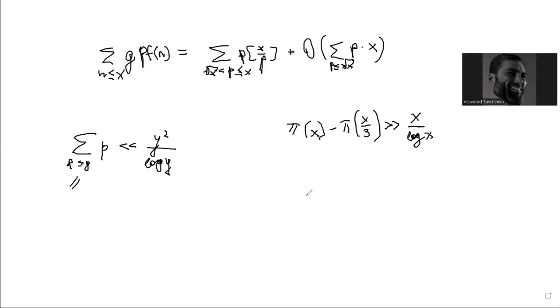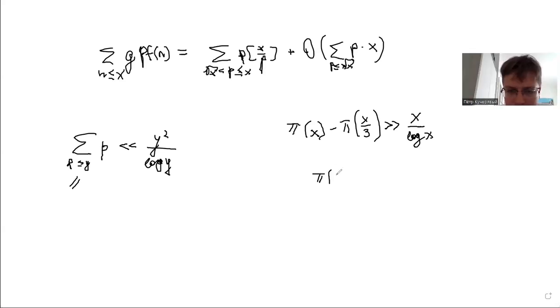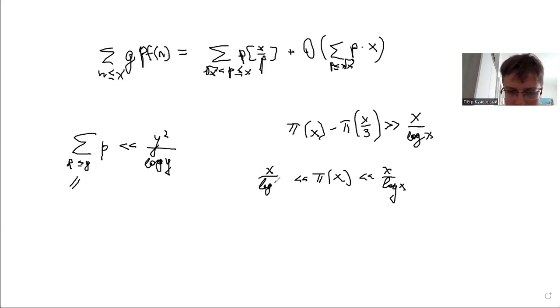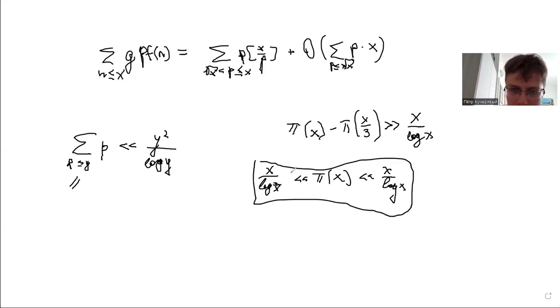Okay, I think you know that pi of x is less than x over log x, yes? And it's in fact equivalent to x over log x. But you didn't prove it in the lecture because it's a hard theorem. What you proved is such bounds, yes?